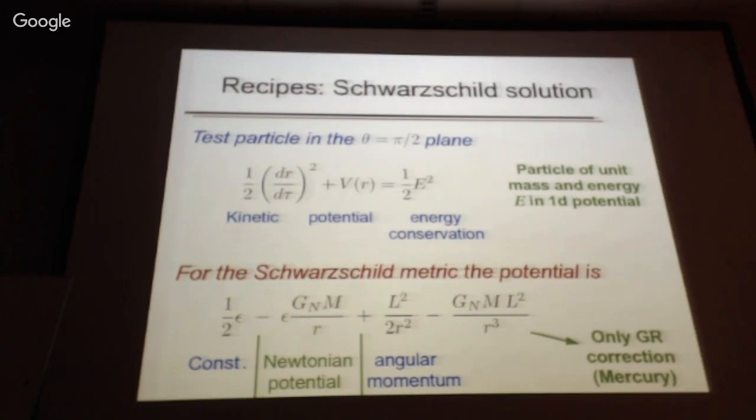And that GR correction is actually what makes Mercury not follow an elliptical orbit like the other planets. Well, in principle none of them follow elliptic orbits, but to a good approximation they do. However, Mercury is the one that actually deviates from that approximation.